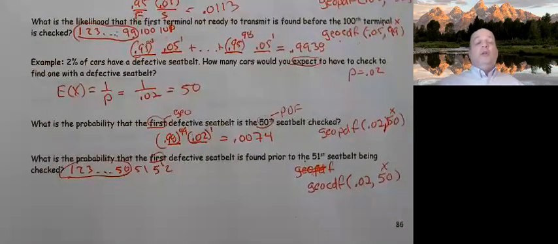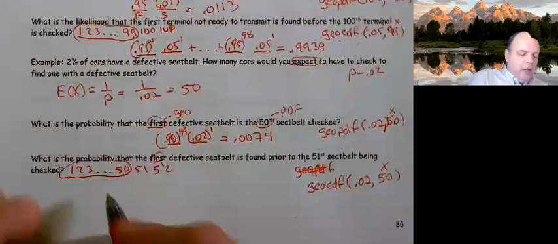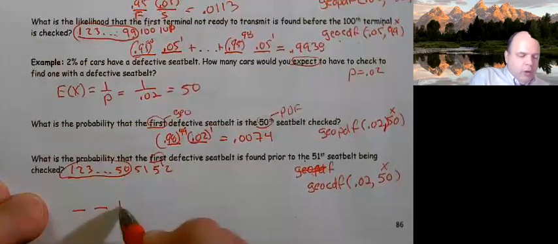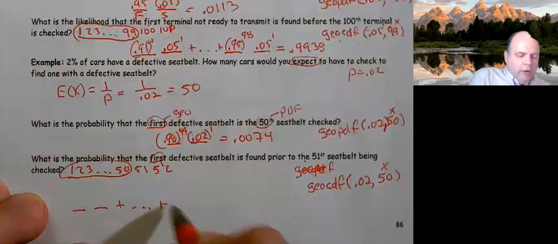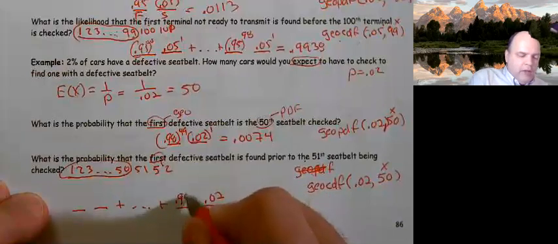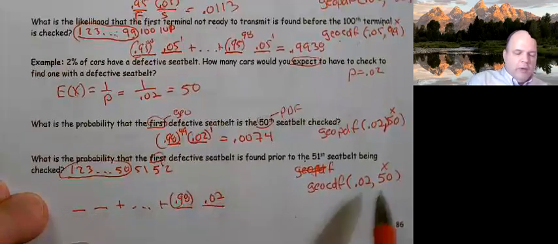So once again, I'm really doing the PDF of 1, the PDF of 2, all the way to the PDF of 50. So I have to show my work, which means I have to do the first one, and then I have to do the last one. Okay, the last one is 0.02 times 0.98 to the 49, which is 50 minus 1.